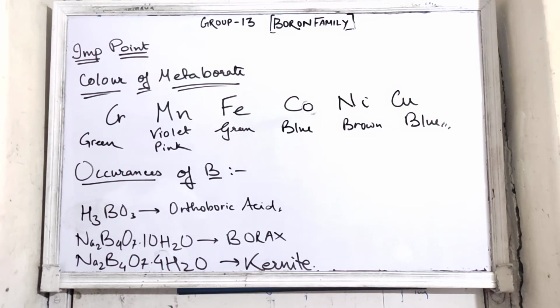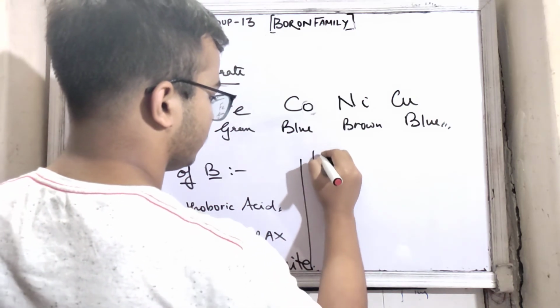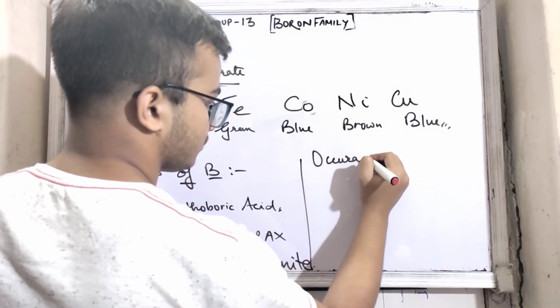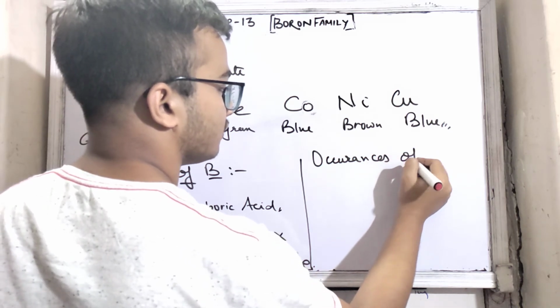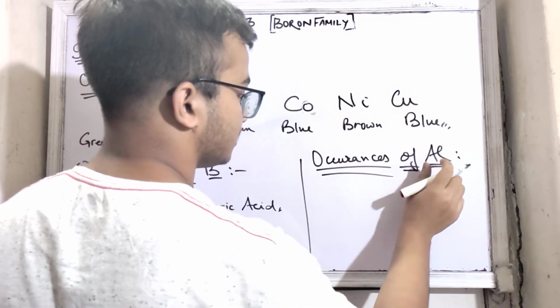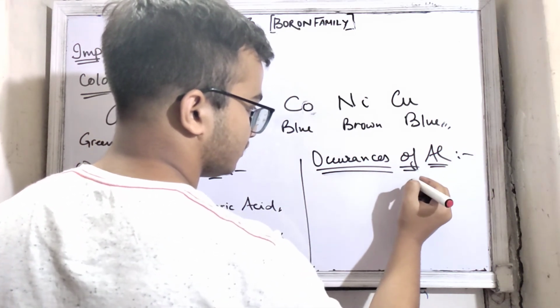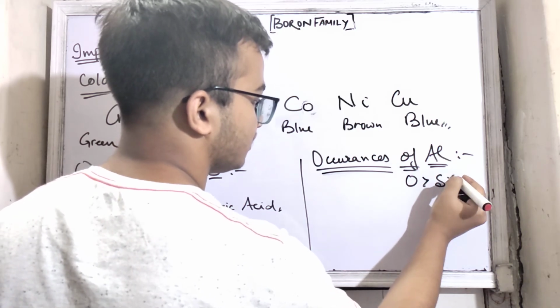Now the last thing which comes here is the occurrence of aluminum. Occurrences of aluminum. Now you have to remember that aluminum is the third most abundant element in the earth's crust. The order is oxygen greater than silicon greater than aluminum.